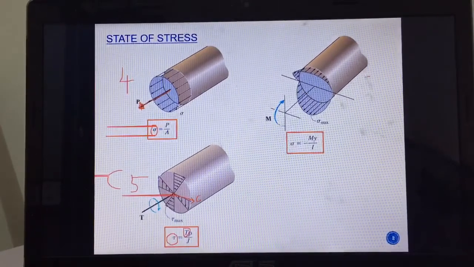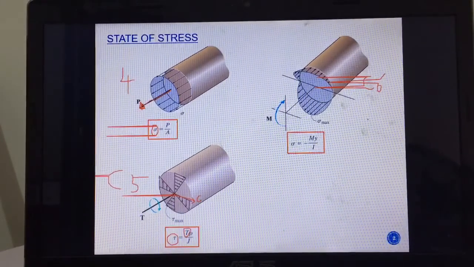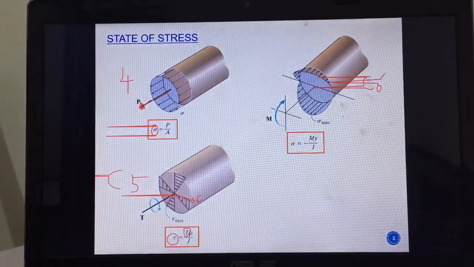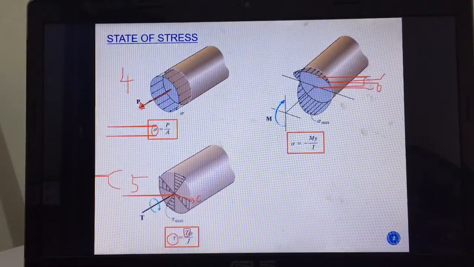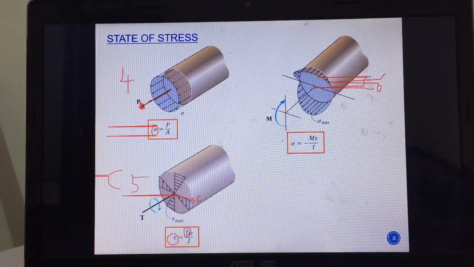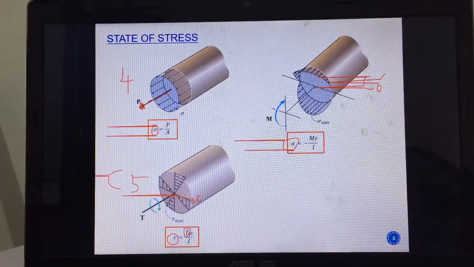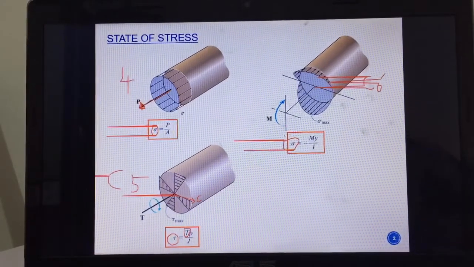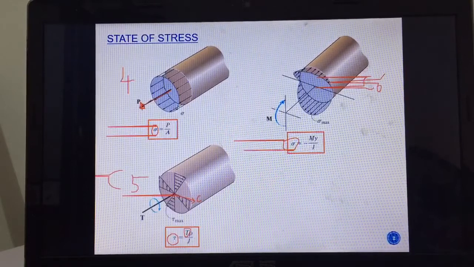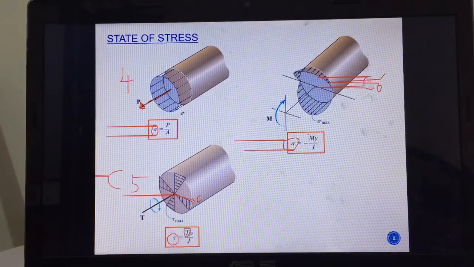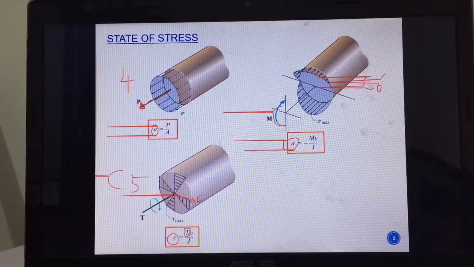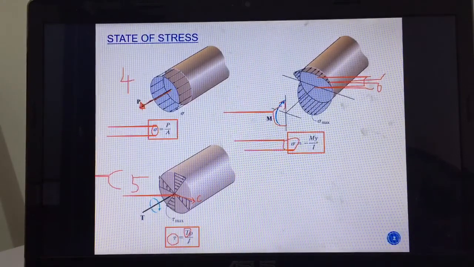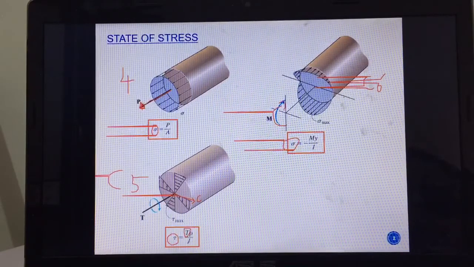And in chapter 6, we learned about the internal bending: sigma, which is the normal bending stress, equals minus M y over I. M is the bending moment, y is the distance from the neutral axis, right?